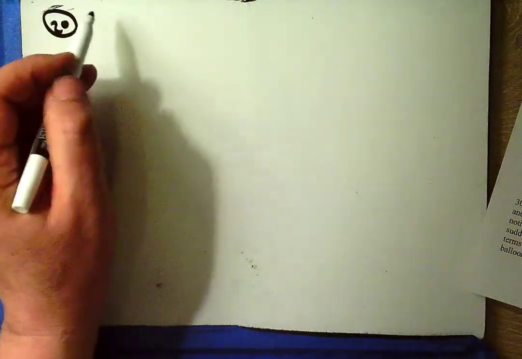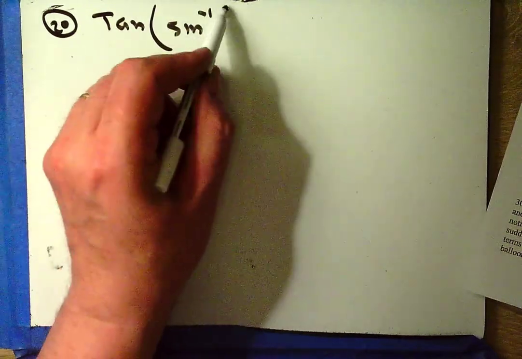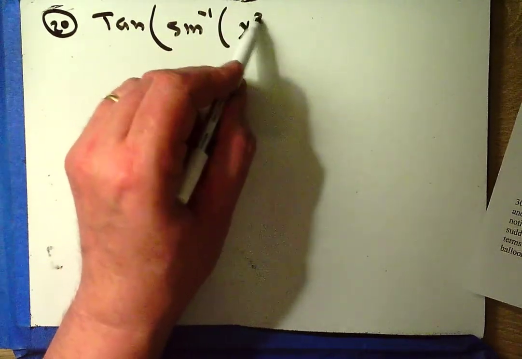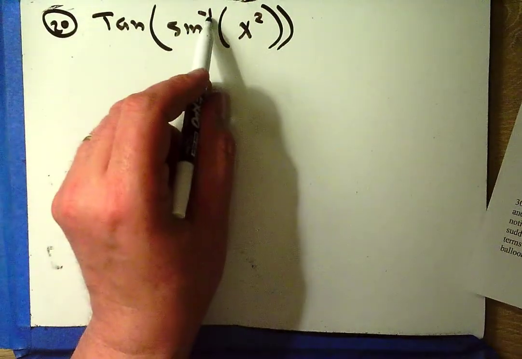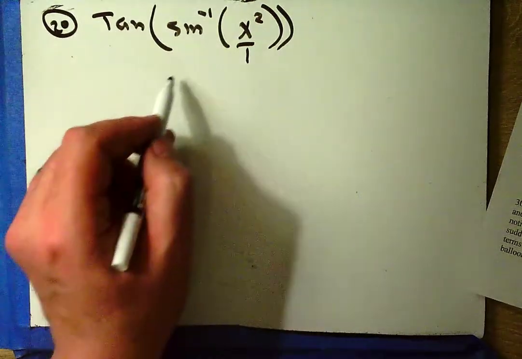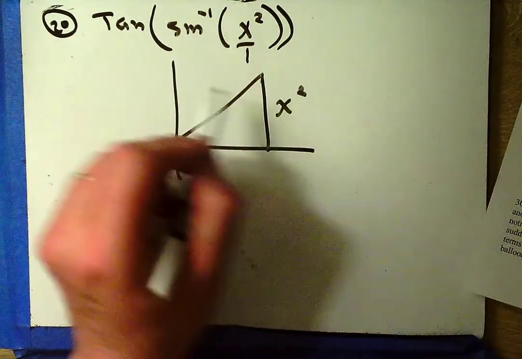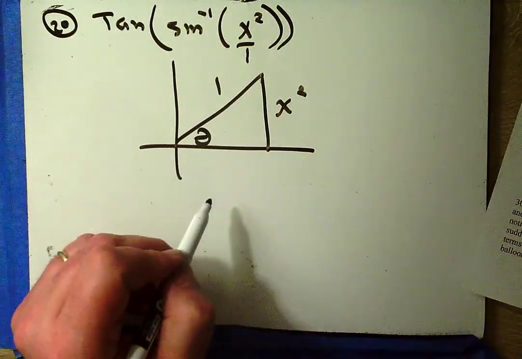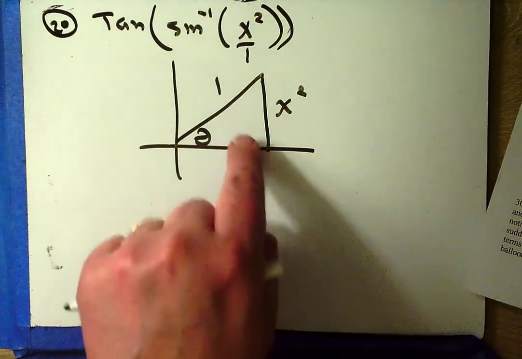Okay, let's take a look at 20. 20 says the tangent of inverse sine of x squared. So what angle has a sine of x squared over 1? This angle. All of this is saying this picture.